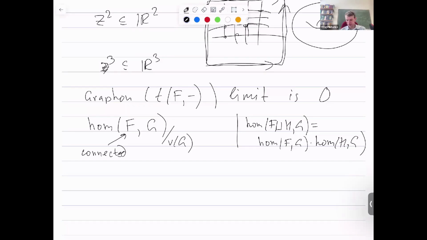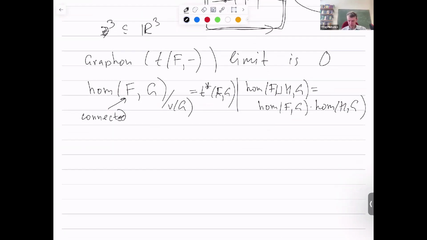So the correct scaling would be this. We will denote this t star f of G, the scaled density. So you look at the number of homomorphisms and you divide by n. So it's not quite a probability. It need not be smaller than 1, it can be some real number.